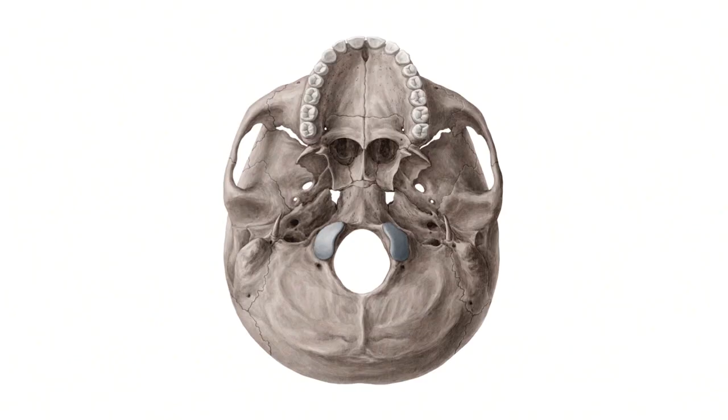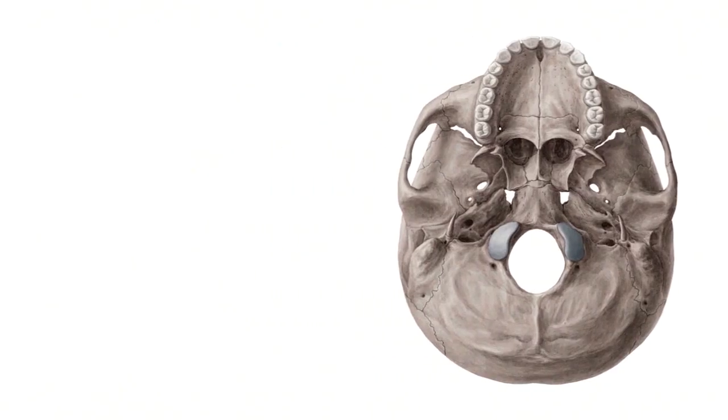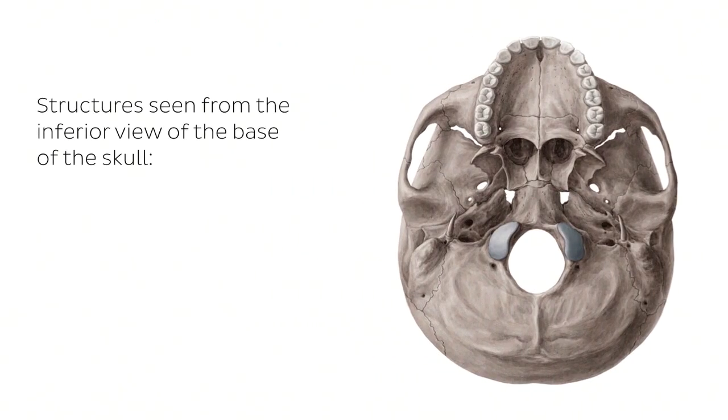So what I'm going to be doing is focusing on different structures that we're going to be seeing on the inferior view of the base of the skull, which is when you just turn the skull and look at the inferior view of the skull, the entire cranium, and removing, of course, the mandible.